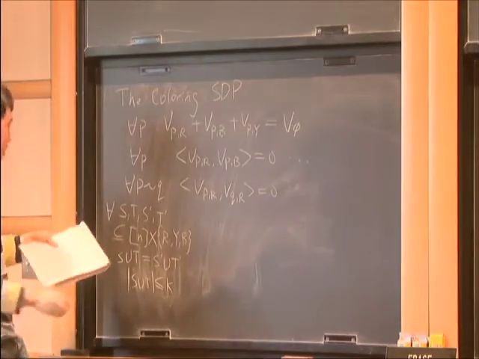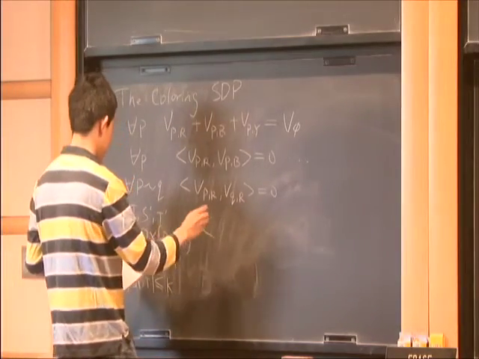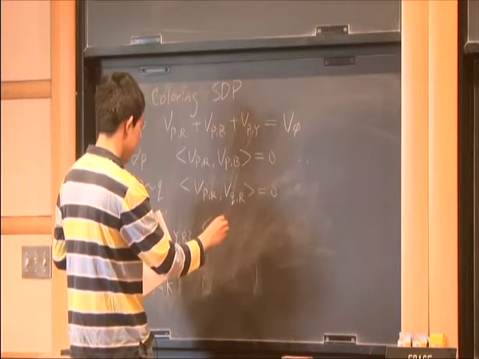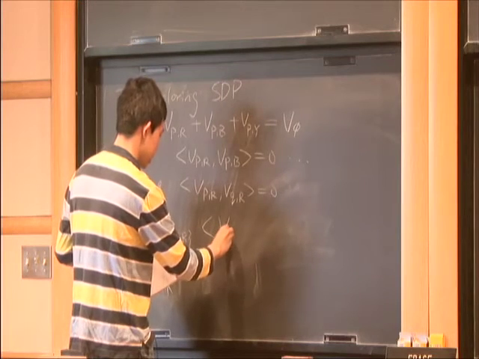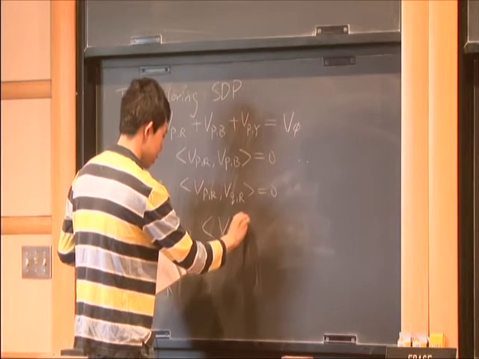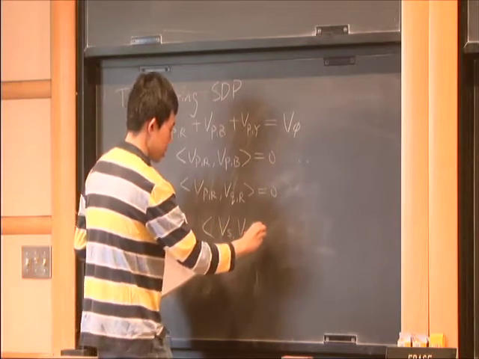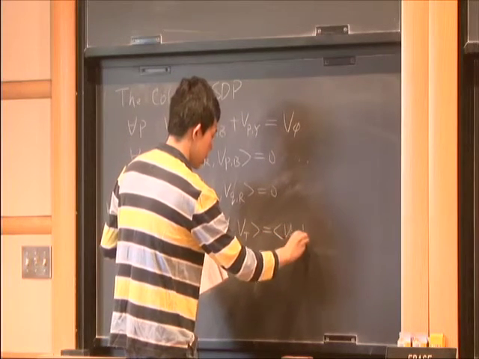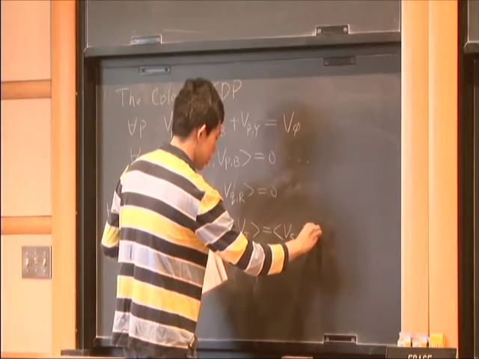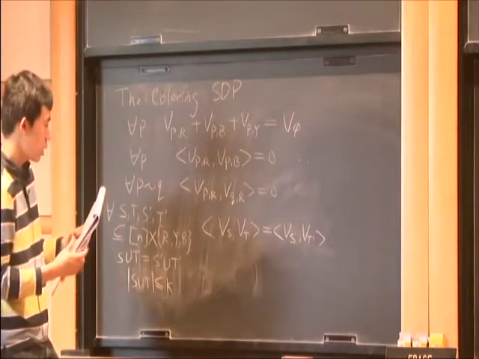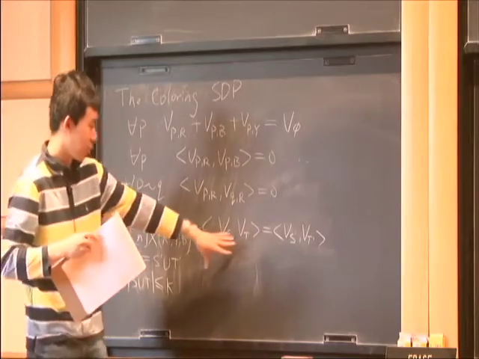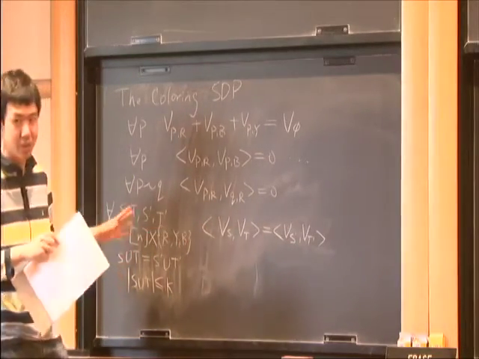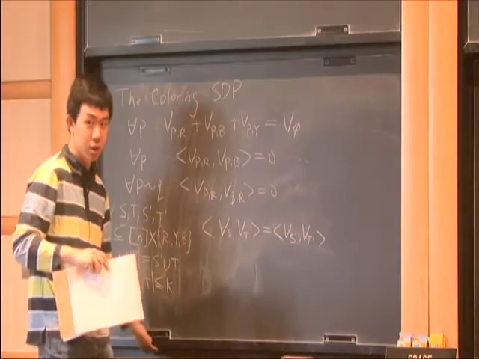So essentially this constraint says probabilities given by a Lasserre hierarchy have to be consistent. So the inner product of Vs and Vt should be equal to that of Vs prime and Vt prime. Later I'll explain why this corresponds to probabilities, and this equation says that probabilities are consistent.